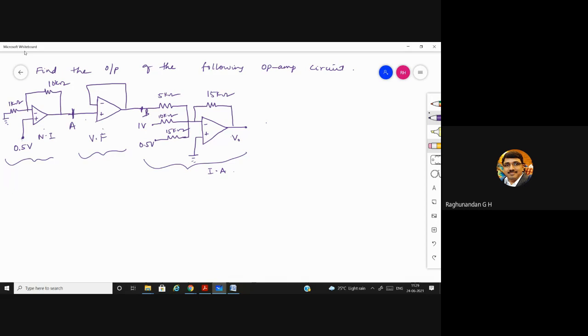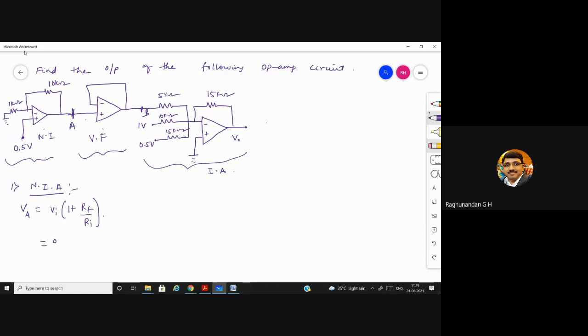So we'll first take up the first part. The first op-amp is a non-inverting amplifier. Here I have written it shortly as NIA, but don't write like this. You just write completely non-inverting op-amp or non-inverting amplifier. First we'll find the voltage at A. The formula for the non-inverting op-amp is Vi into 1 plus Rf by Ri.